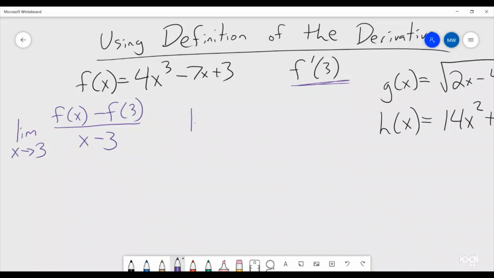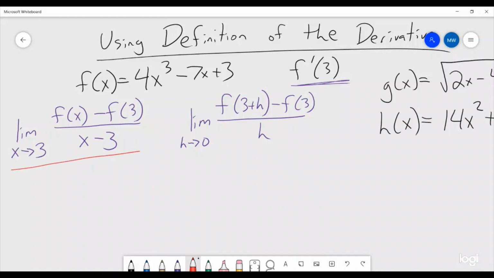The other one is we could do the limit as h approaches 0 of f of 3 plus h minus f of 3 all over h. Both of these are valid definitions of the derivative at a point. So we could use either one to go about it. So let's start by doing this one. And then I will do this method for the g of x problem.